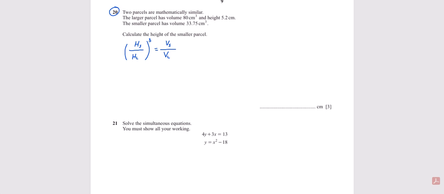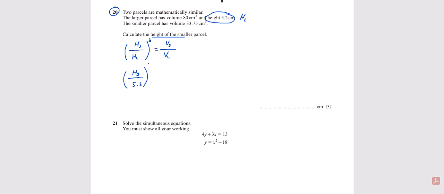So we find the height of the small parcel, denoted by HS, and the height of the large parcel is HL, 5.2.